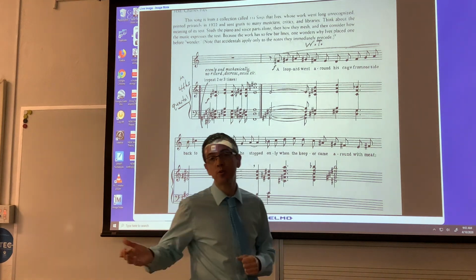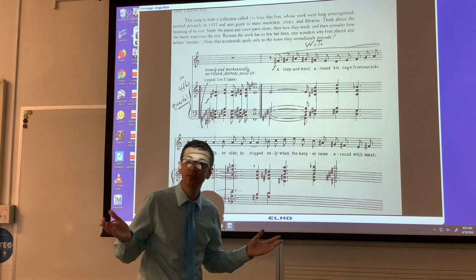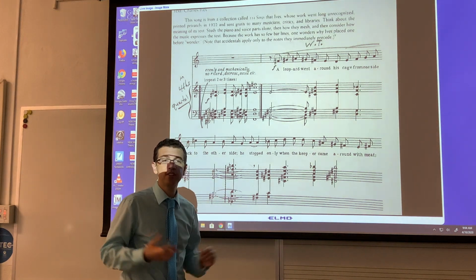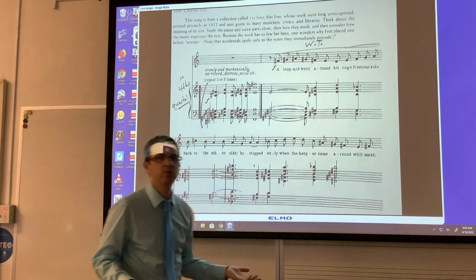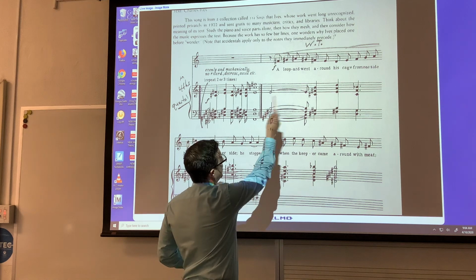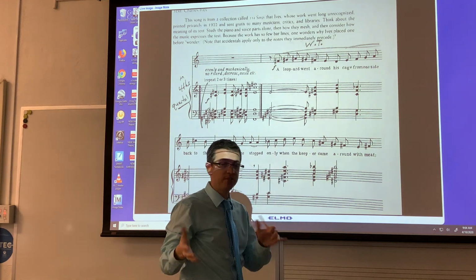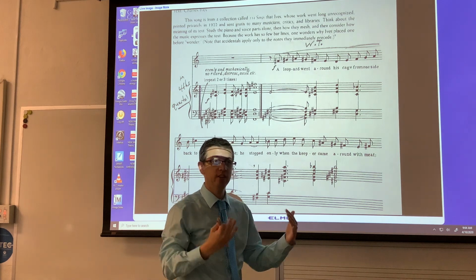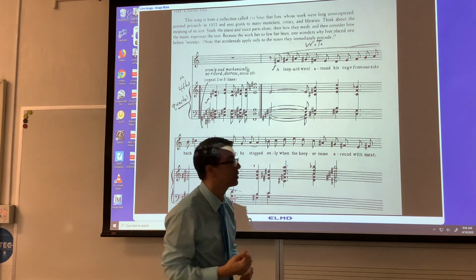Sometimes we call that quartal harmony, harmonies in fourths. One of the things about harmonies in fourths is it doesn't have the richness that we associate with stacking harmonies in thirds. It also doesn't fit the whole tone scale. The whole tone scale and these harmonies in fourths do not go together. They're very much juxtaposed.